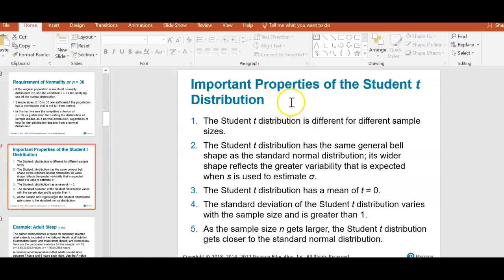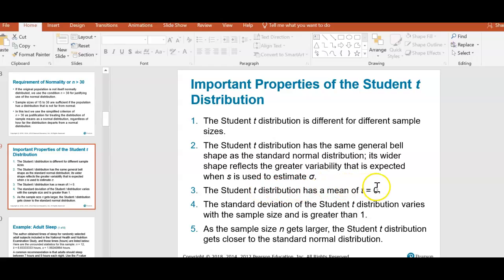So some things about the student t distribution. Again, we talked about this distribution a few weeks ago. It's different for different sample sizes. The student t distribution is generally shaped like the standard normal. It's just wider and has greater variability. That's because we're using s instead of sigma, the sample standard deviation, instead of the population.